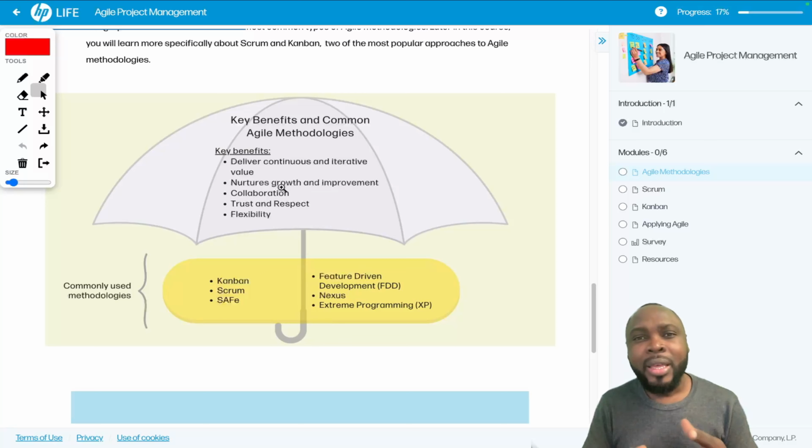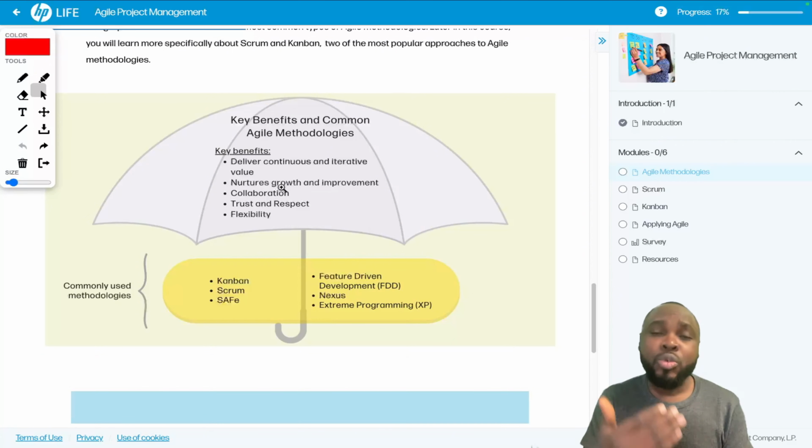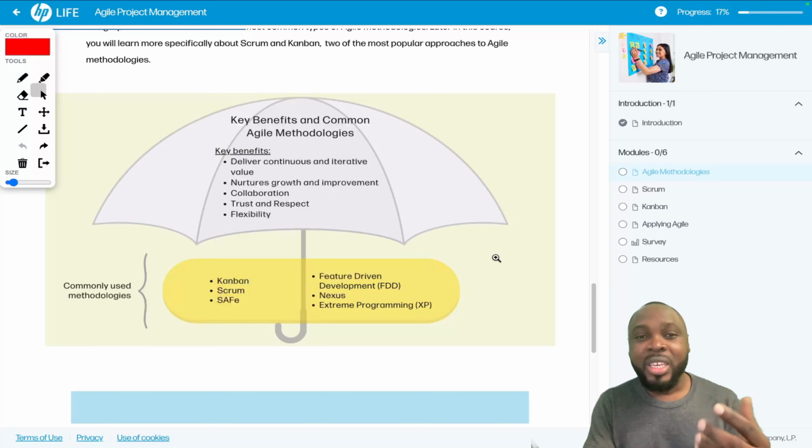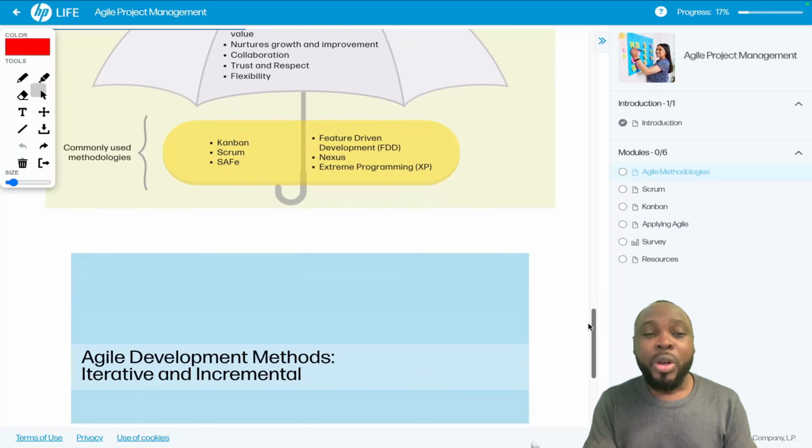And that is why every now and then you get to download and update and upgrade the app on your devices, because you can never find a perfect system. Every system would be updated, would be upgraded, would require change in order to meet users in this fast-paced changing world. So that is that for the key benefits and common agile methodologies.